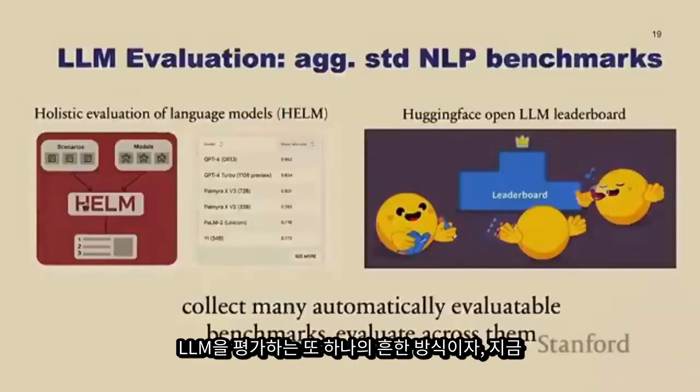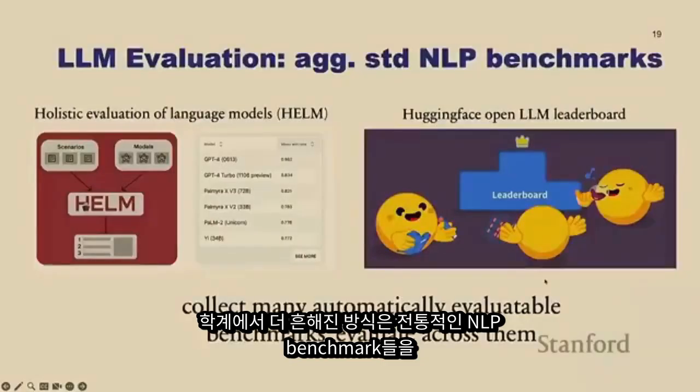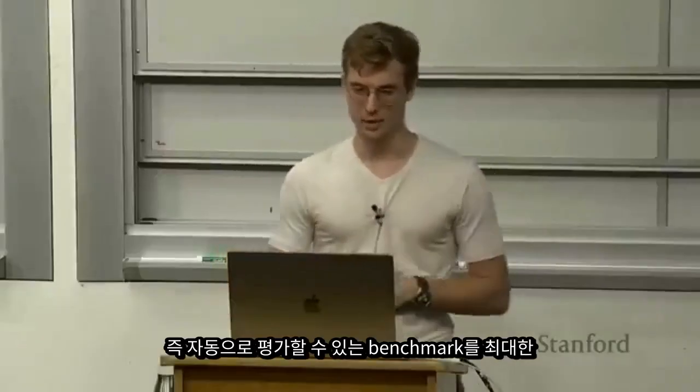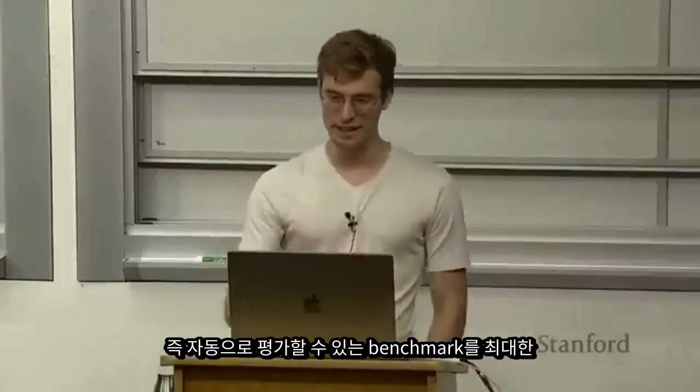Another way of evaluating these LLMs, and now more common in academia, is taking all the classical NLP benchmarks, and I'll give you a few examples later, and aggregating everything. So collect as many automatically evaluatable benchmarks as possible and evaluate across all of them.